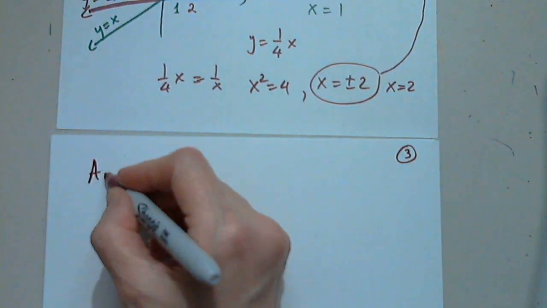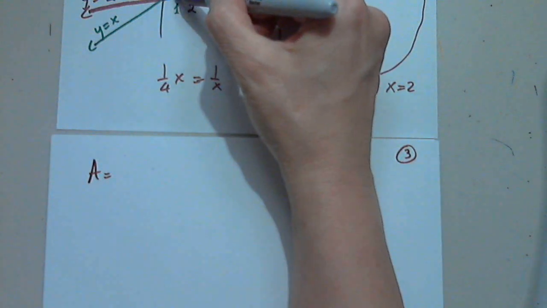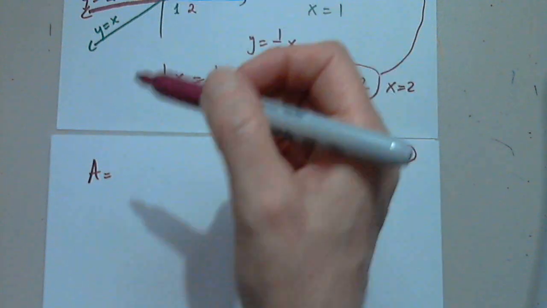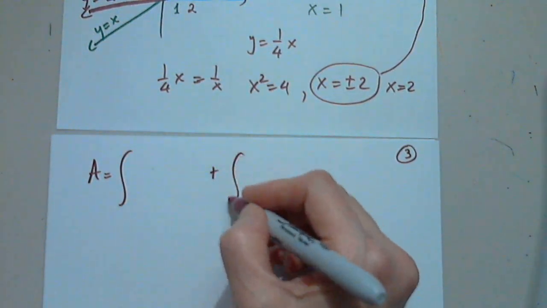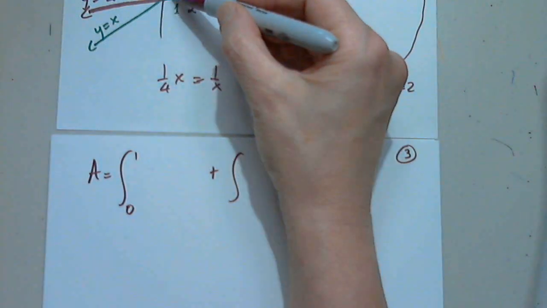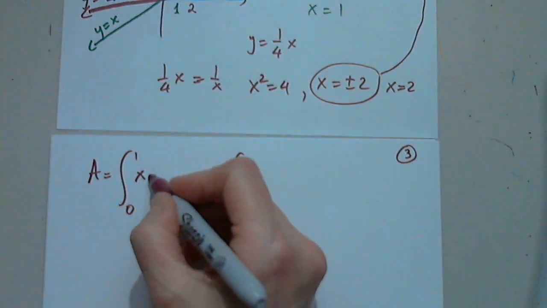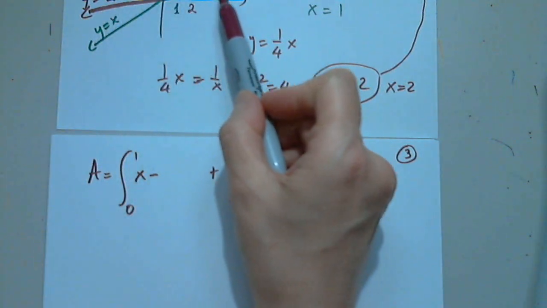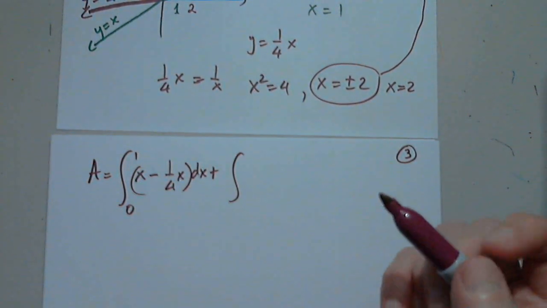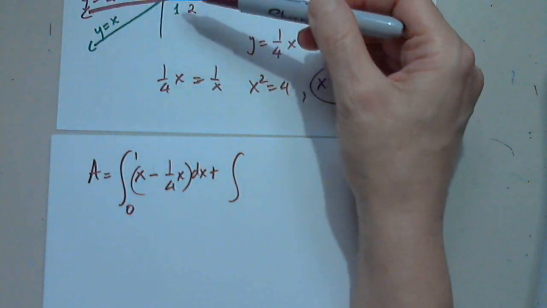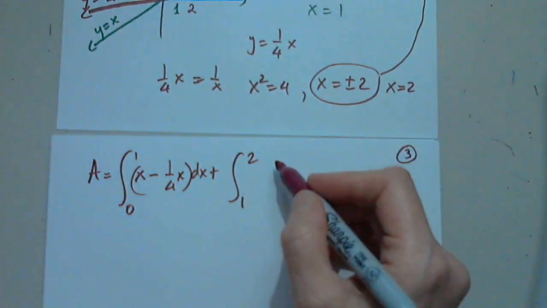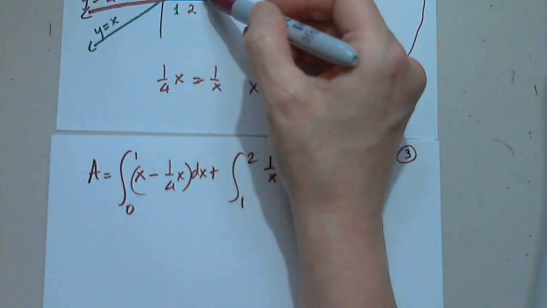So the area, I'm just going to shade it in right now. Here it is. That's the area. It is composed of two definite integrals: between 0 and 1, above minus below, of course, dx, and the second piece between 1 and 2, above minus below.